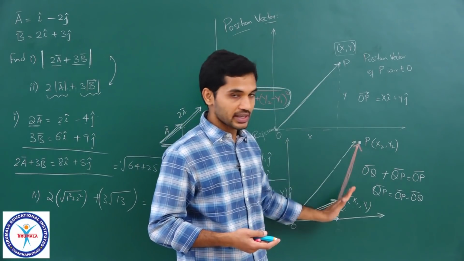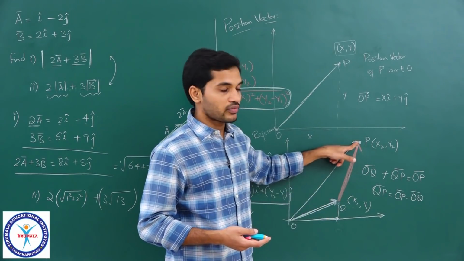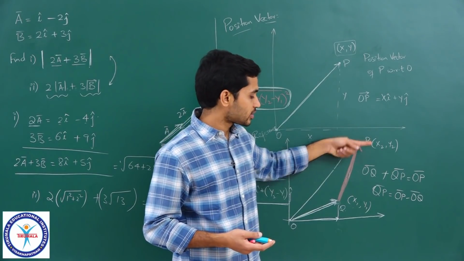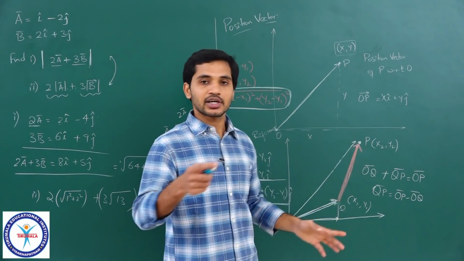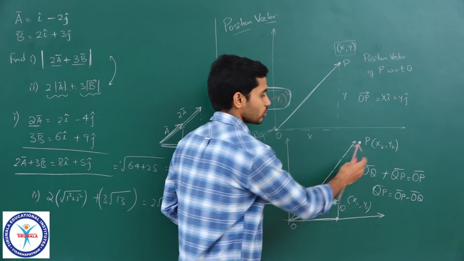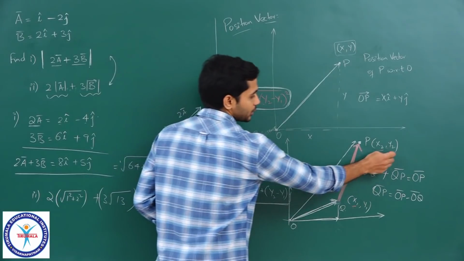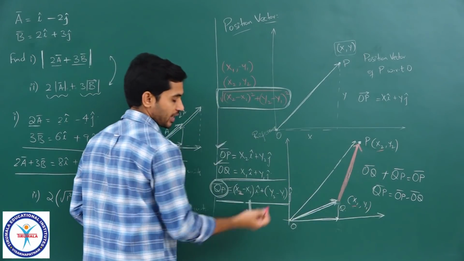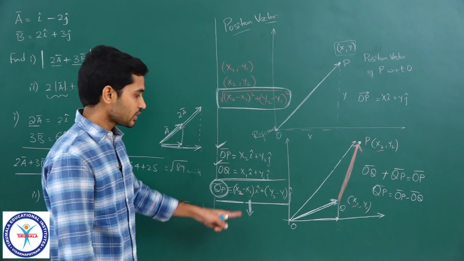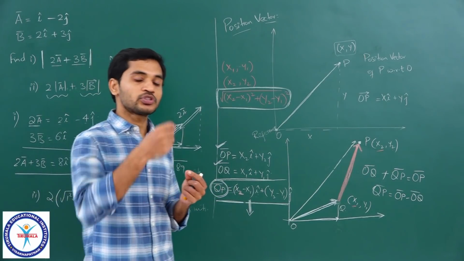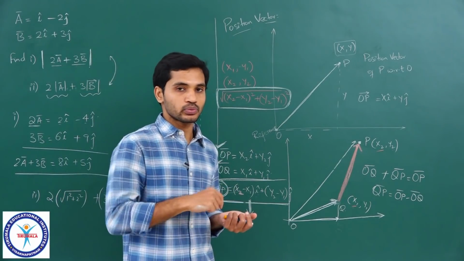Vector is in this direction. So final coordinates minus initial coordinates and the corresponding i cap, j cap. So x2 minus x1 i cap, y2 minus y1 j cap. Is that clear, students? That will give you the position of a point with respect to another point.